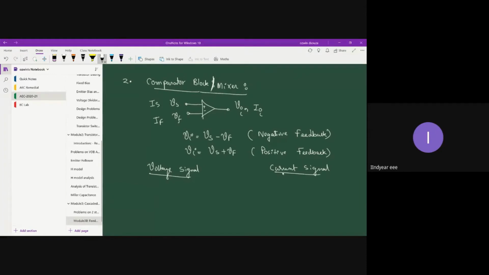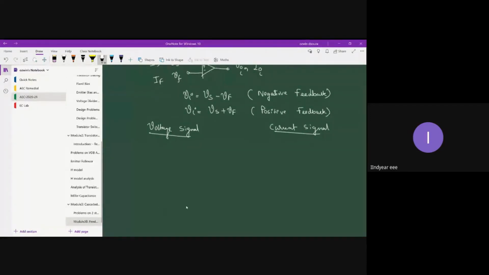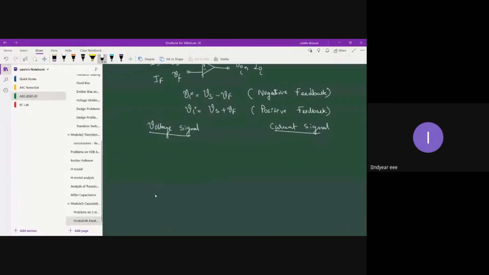If you want to compare voltage signals, then the mixer or comparator you are going to use is a series type. On the other hand, if you want to compare current signals, then the comparator you are going to use is a shunt type, which is called shunt mixing.